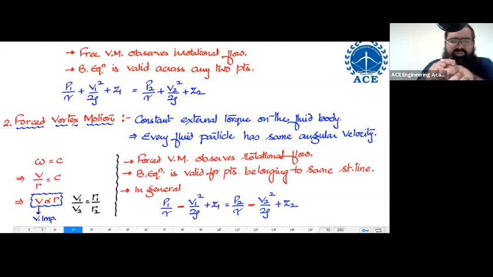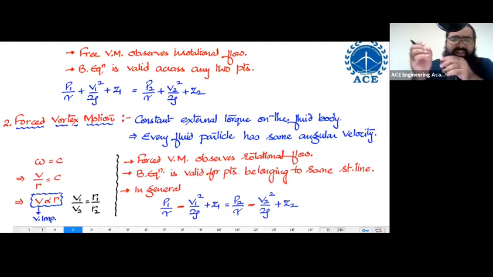Since free vortex motion is irrotational, any 2 points you take, you apply Bernoulli equation. But in forced vortex motion, you can apply P1 by gamma plus V1 square by 2G plus Z1 equal to P2 by gamma plus V2 square by 2G plus Z2, but you can apply that only if both point 1 and point 2 are lying on the same streamline.